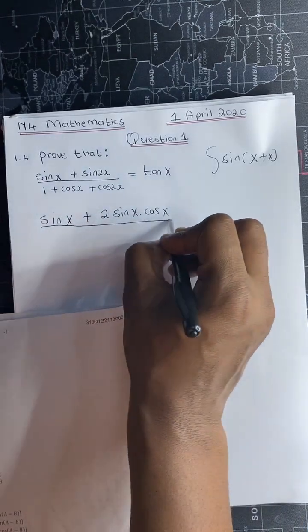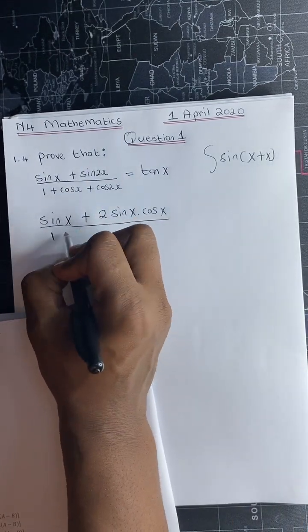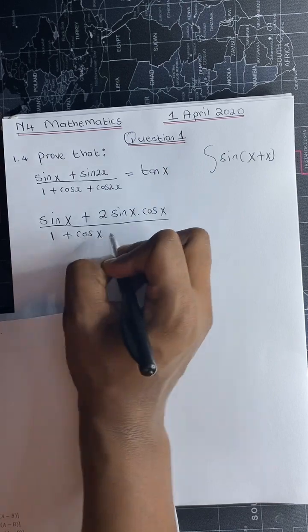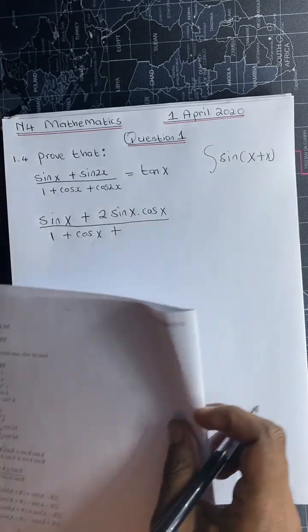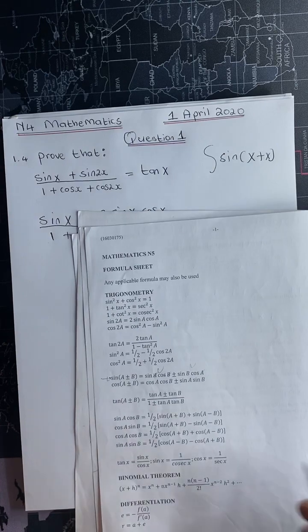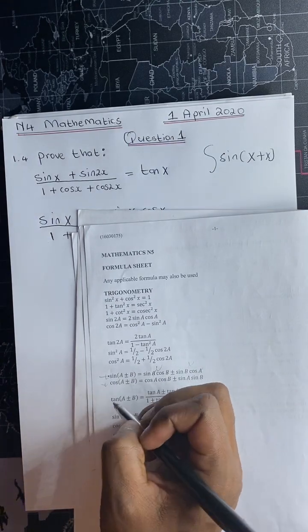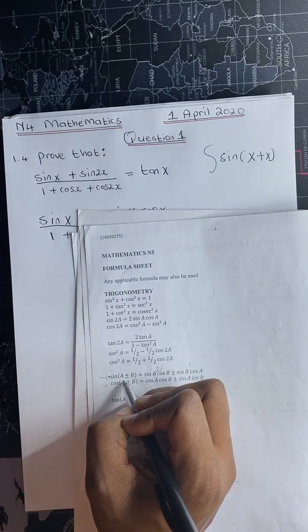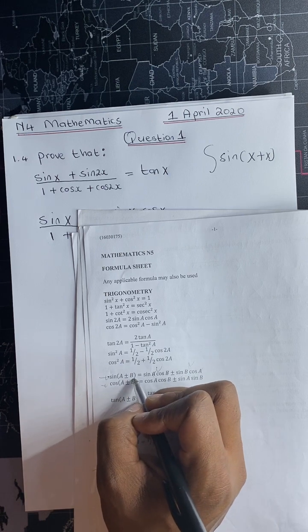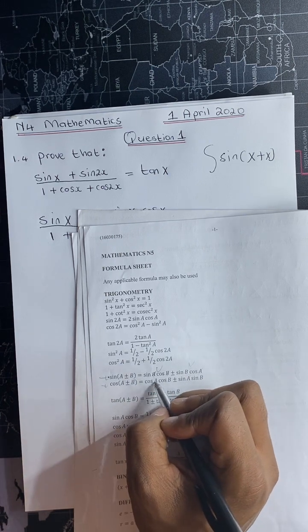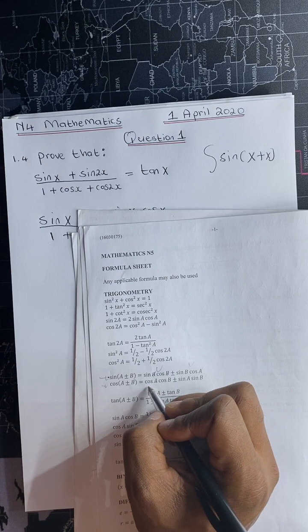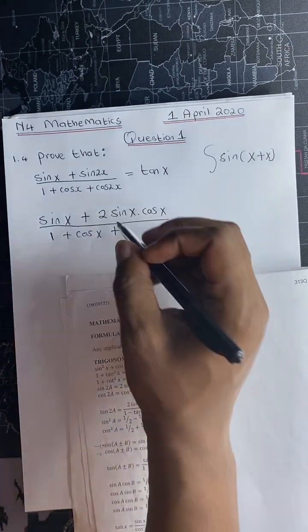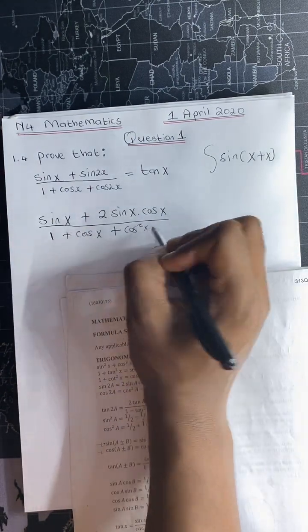This will be divided by 1 plus cos x plus cos 2x. Same thing, we'll use this one instead of that one above, but a will be equal to x, b will also be equal to x, and we'll have x and x here. So cos x multiplied by cos x will give us cos squared x.